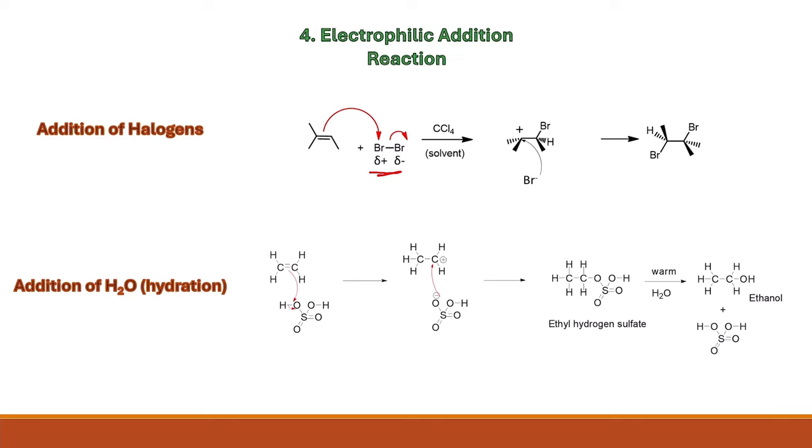Now you have an OH and a hydrogen, so it follows the same rule: the most stable carbocation formed will give you the major product. You don't need to know the mechanism of the reaction, you only need to know that they use sulfuric acid as a catalyst for this reaction with water.